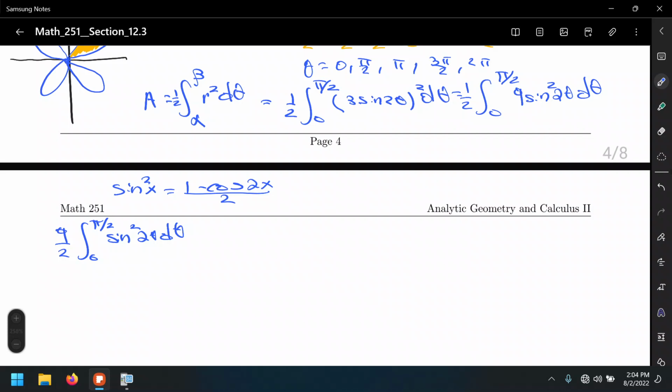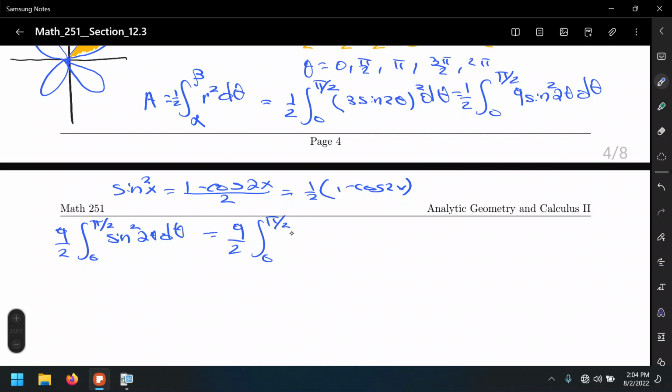Also, another version that I highly recommend using instead, 1/2 times 1 minus cosine 2x. This way it's easy to see the fractions and just take them outside instead of trying to do weird distributions of fractions, which is a very common mistake I've seen before.